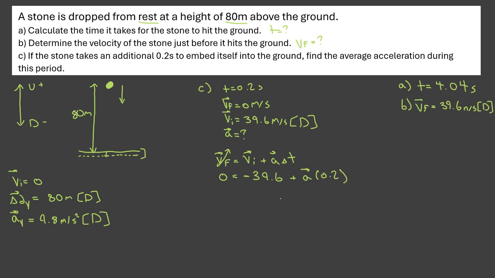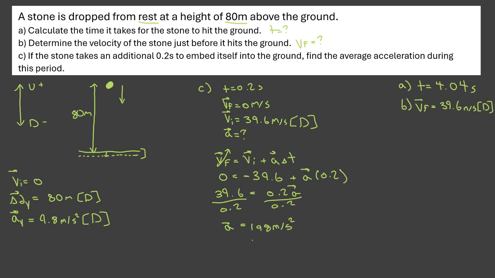Now I can rearrange this and solve for the acceleration. I'll get 39.6 equals 0.2 times a. Then I'll divide both sides by 0.2, and that gives me an approximate acceleration of 198 meters per second squared.